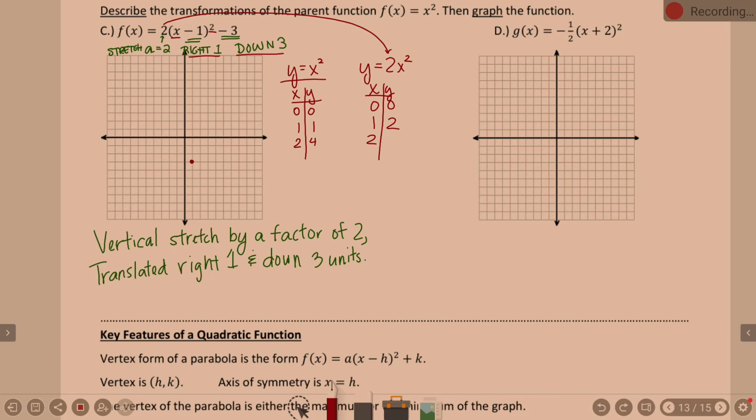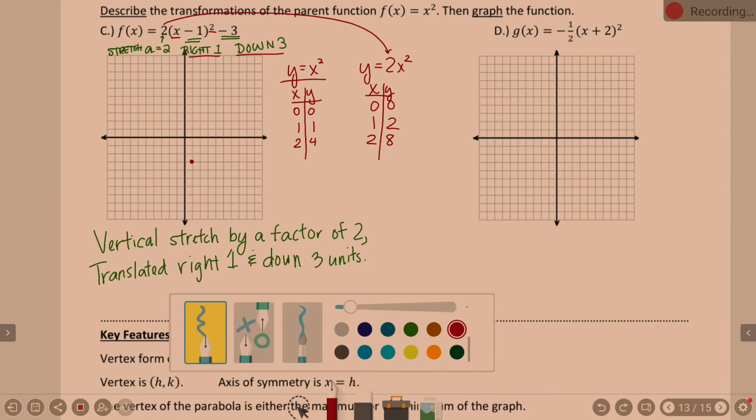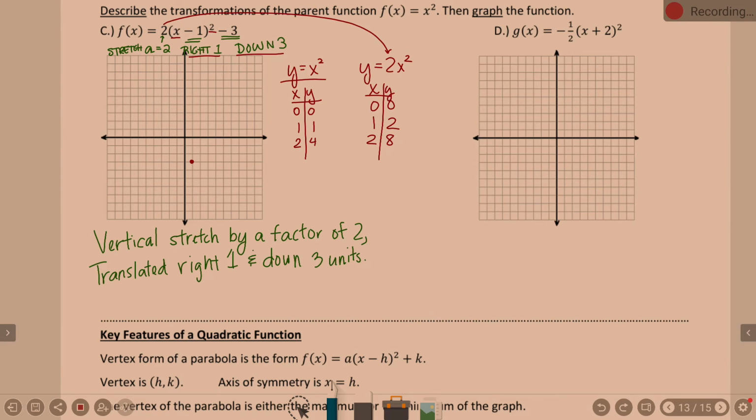What about the 2? 2 squared is 4 times 2 is 8. So instead of just going over 2 up 4, we're going to go up 8. Basically, what did that 2 do? This 2 right here just doubled.